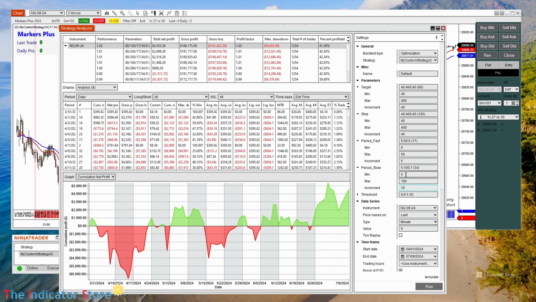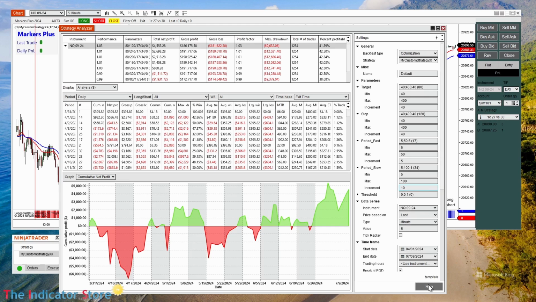One in intervals of 10, and the other in intervals of 5. The idea is, on the first report, we are not going to get the exact best result, but at least we have an idea where the best settings are, okay? And then we can approach those settings.